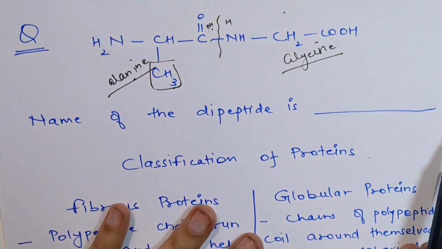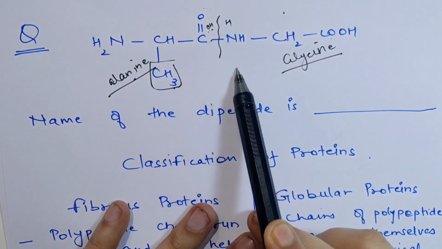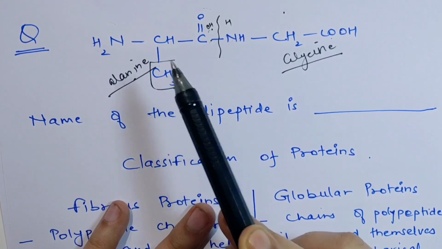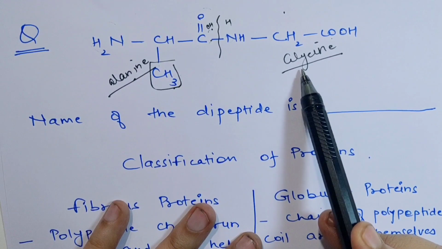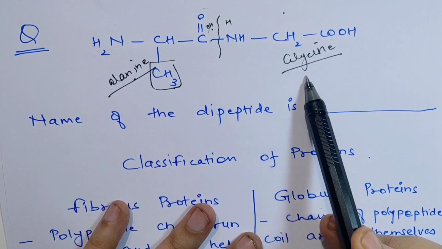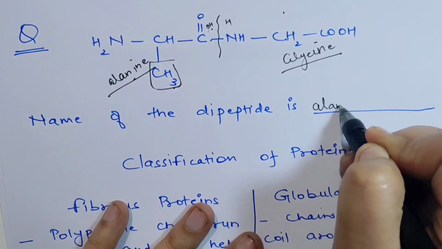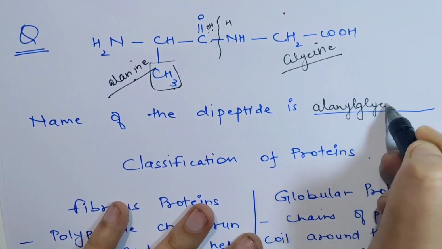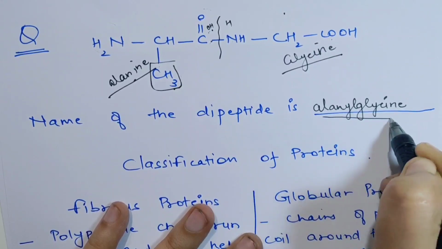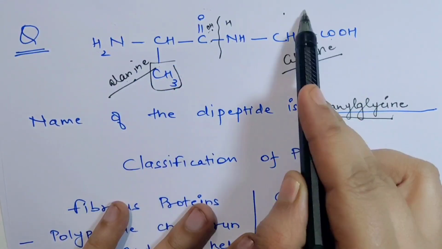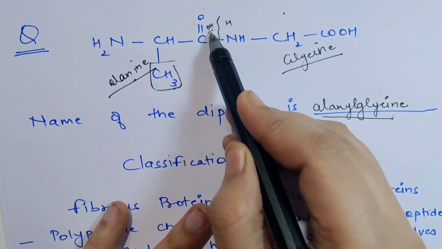Even though they have not given you the names, they are very easy to remember. When there's a methyl group in place of R, it's alanine. When there's hydrogen only in place of R, it's glycine. So now it would be named as alanyl glycine, because it's the alanine which is first in the dipeptide, the one which is donating 2 atoms.